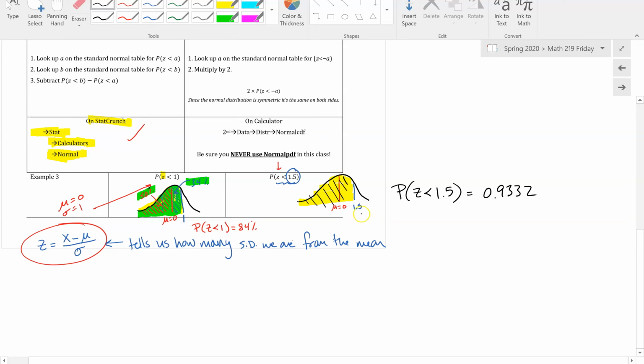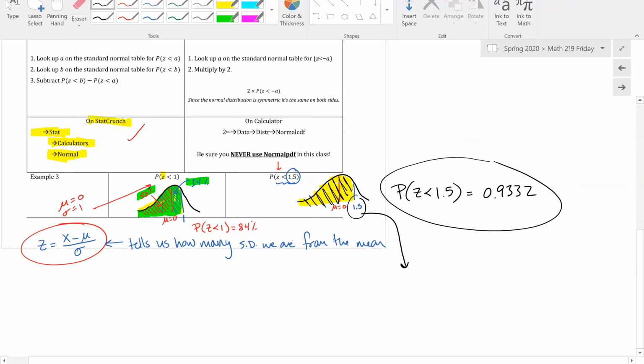And again, this z-score represents some data value that is 1.5 standard deviations from the mean. So maybe it's an exam score that's 1.5 standard deviations above the class average, okay? And this would then be the probability of getting anybody less than that score, to the left of that score.